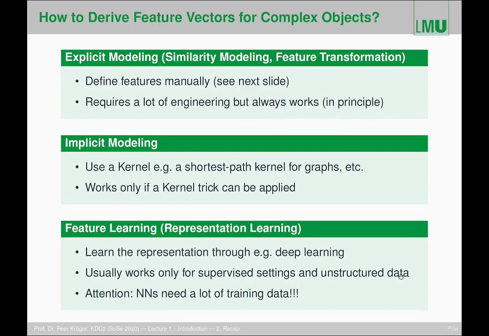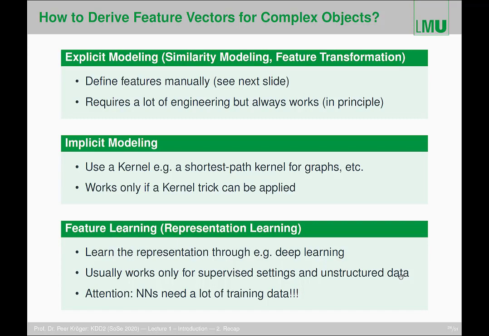As I told you before, it's very handy to have a fixed, standard representation for all your methods, because you don't have to take care of the representation of the objects. You just take care of the patterns, the methods you use. But the question, of course, is whether you can just fit any data onto a feature space, or in other words, whether you can derive feature vectors for any kind of object representation.